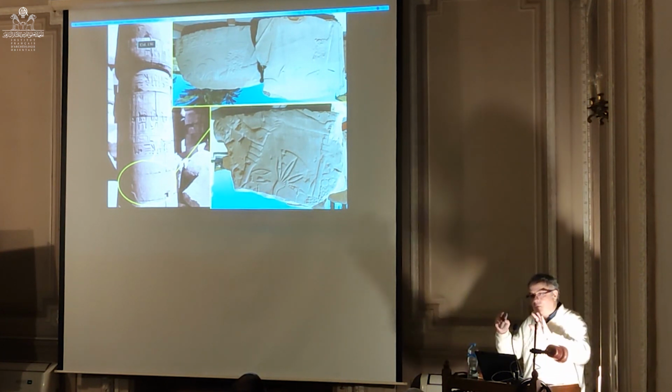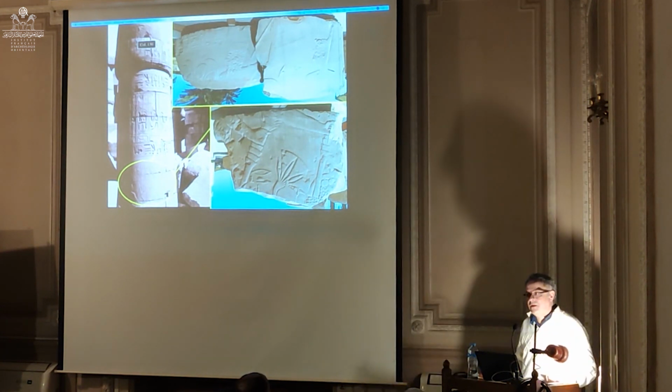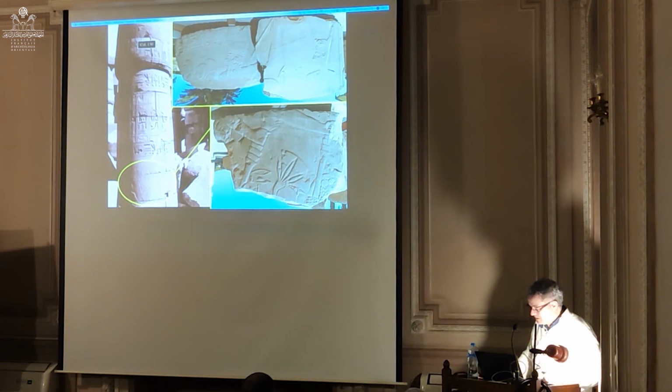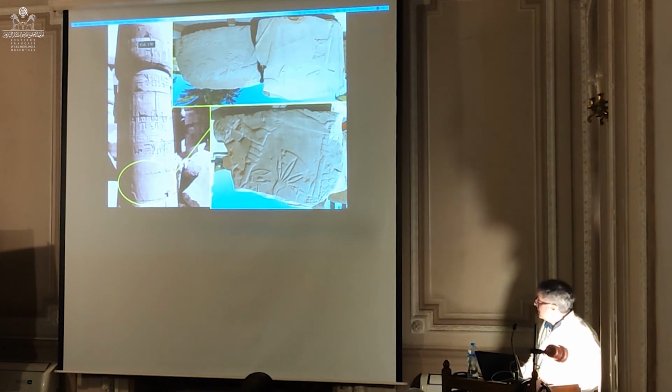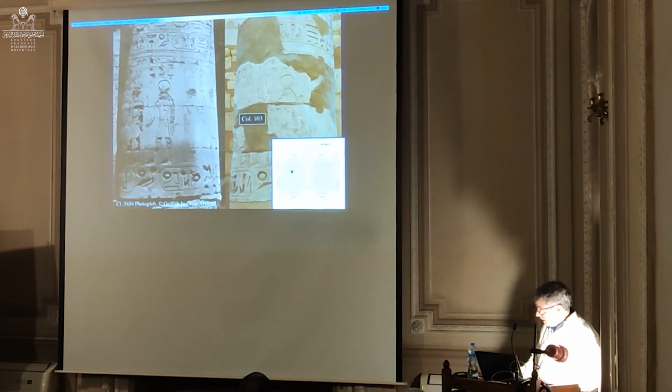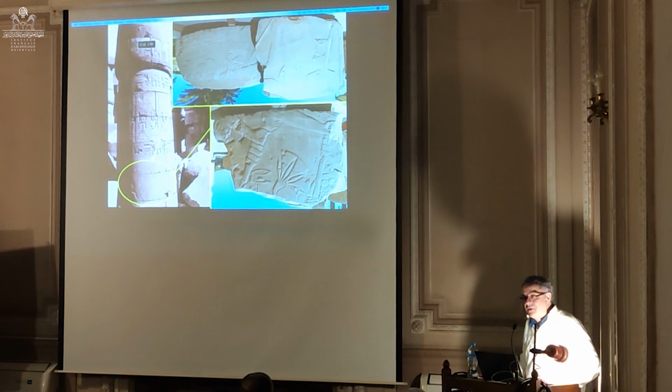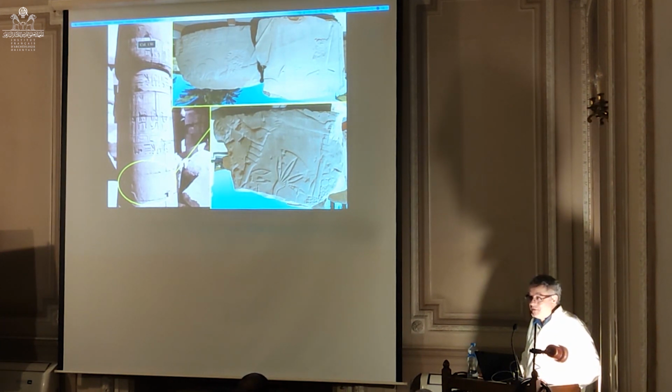But it would be possible to have almost a complete scene on all three sides, or all three scenes complete today. So the question at one point will be to ask ourselves, after a virtual reconstruction, if it's not eventually possible to have a physical reconstruction of some of these columns.